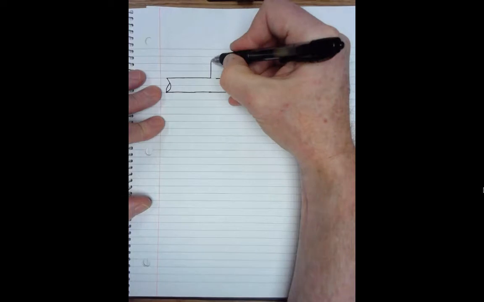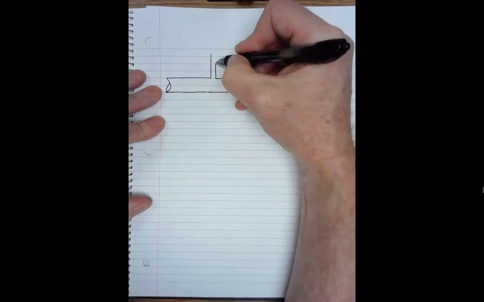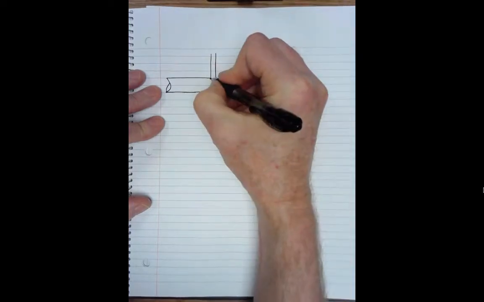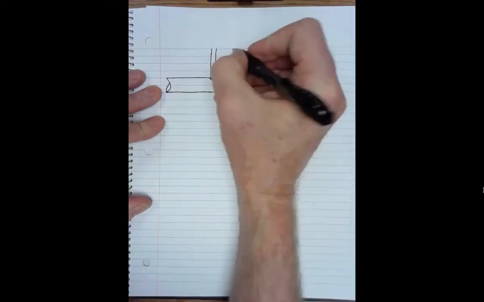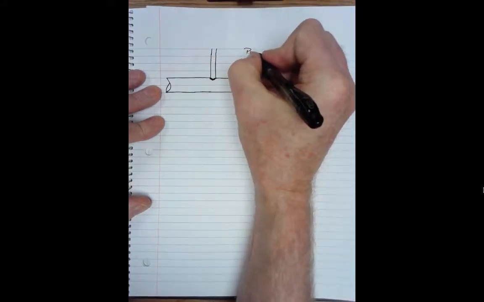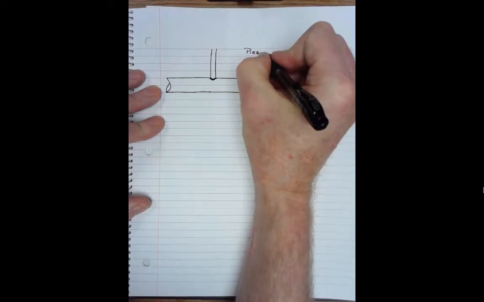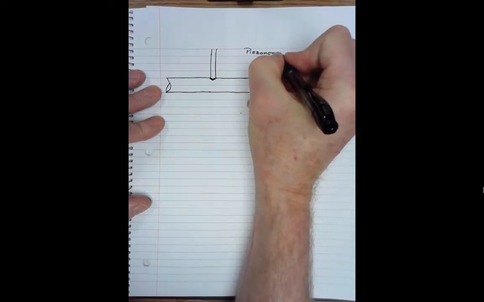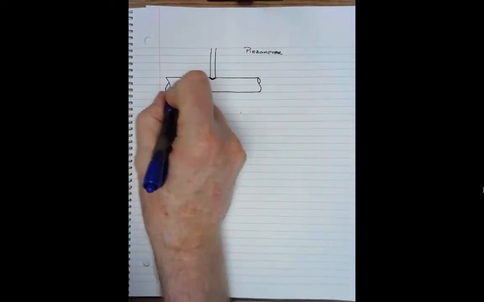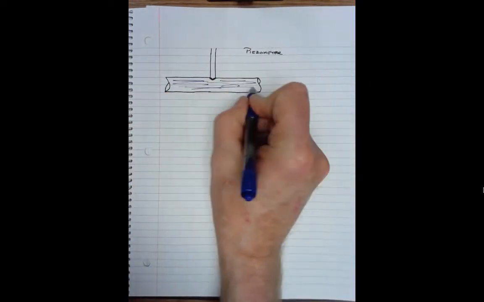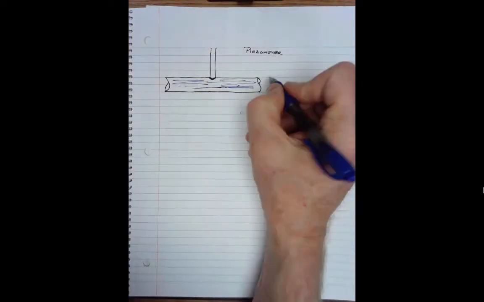And if we pierce the pipe and weld on a riser tube, this is called a piezometer. Say a pipe full of water, we'll even have it flowing.